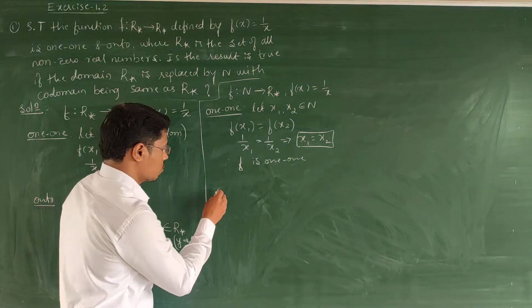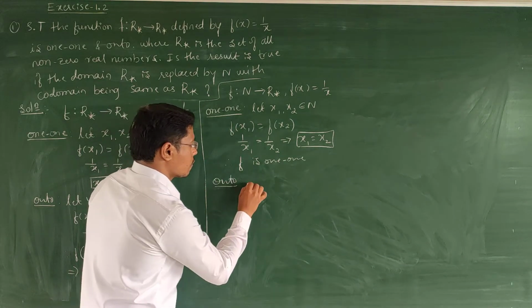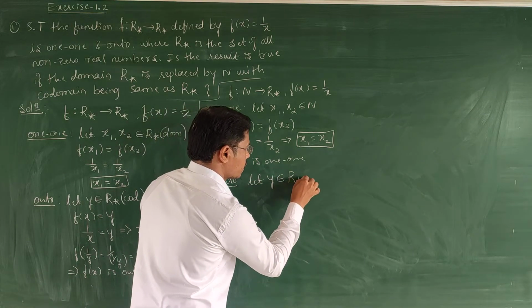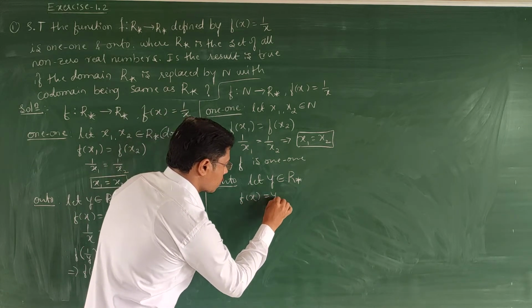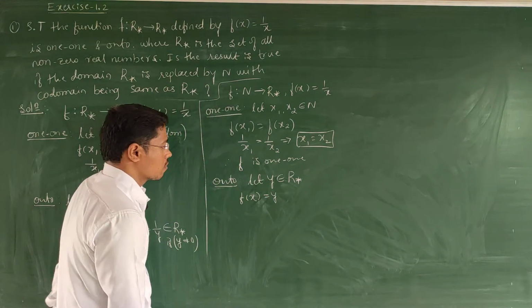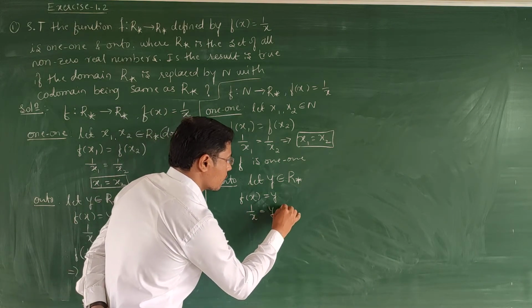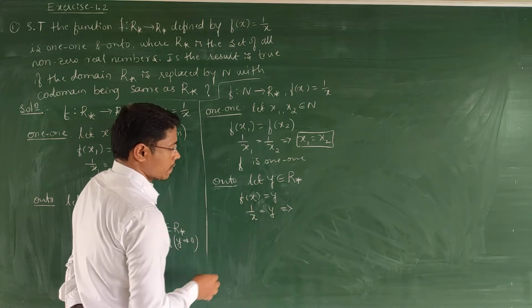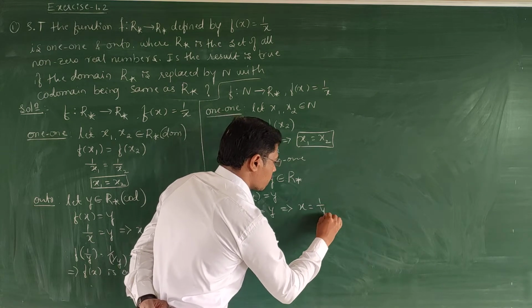Right, now onto. So let y belong to r star. f of x equal to y, f of x is 1 by x equal to y. So substituting, x equal to 1 by y.